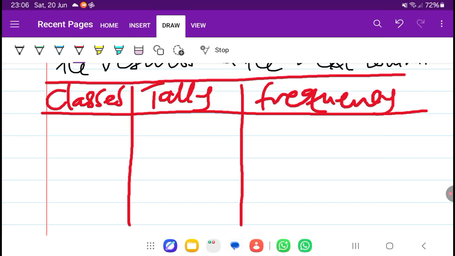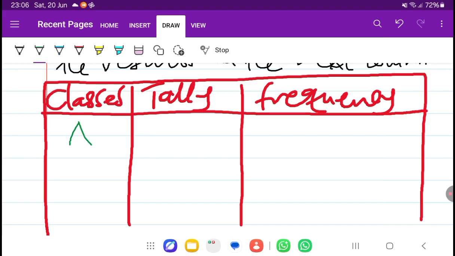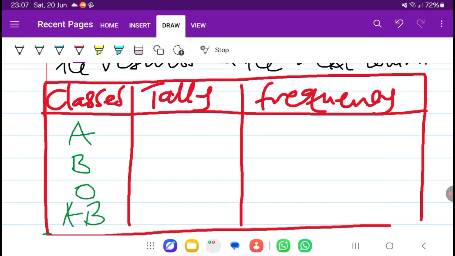We close our table. Now, we have the blood groups. We said there were only 4 blood groups. You have blood group A, blood group B, blood group O, and then blood group AB. We close the table because those are the only groups that we have.